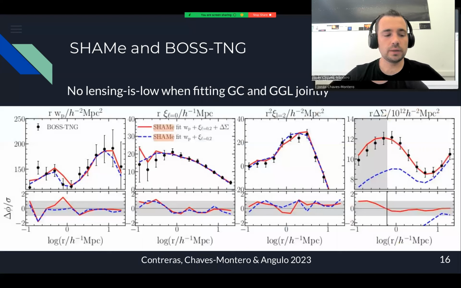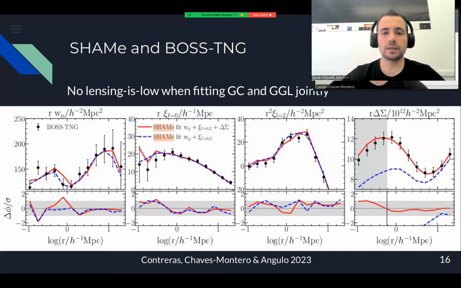So then we went to the same sample of color-selected galaxies, the mock-TNG sample, and we fitted again what I was saying before, projected clustering, the monopole and quadrupole, and galaxy-galaxy lensing. And what we found, the red line, is that we can reproduce all these different observables within error bars. So there is no longer a lensing slope problem when we use a more sophisticated model like SAME.